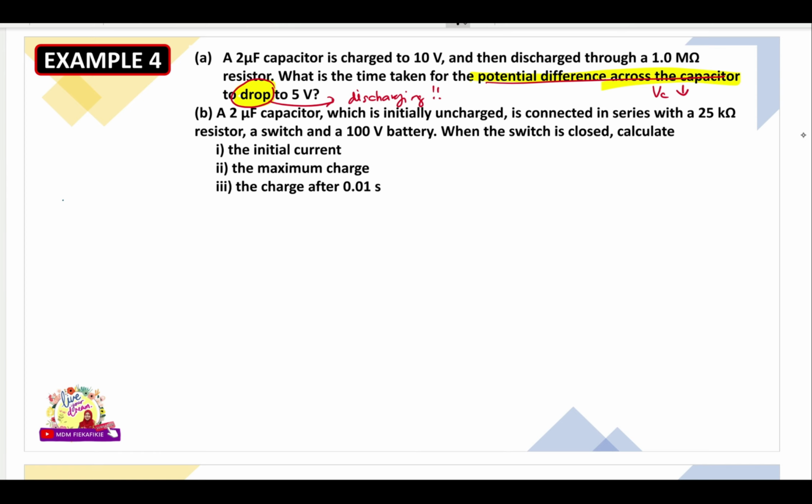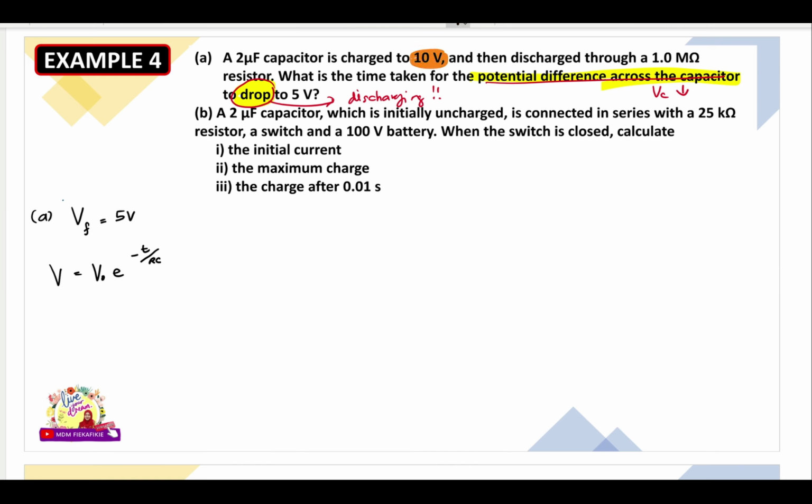Okay, so we can start with question A. Kita tahulah V final dia akan drop sehingga 5 volt and we can use the equation for voltage for discharging, V0 e negative t over RC. Jadi R kita dah ada, C pun kita dah ada, and V0 pun kita dah ada, 10 volt.